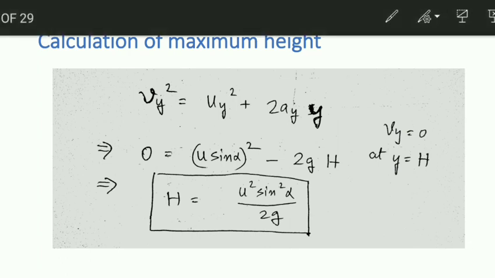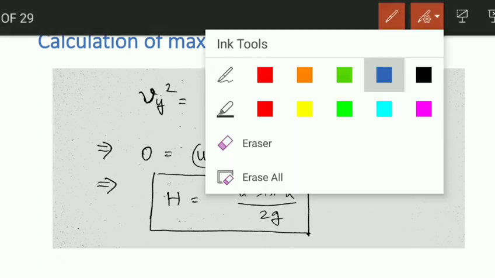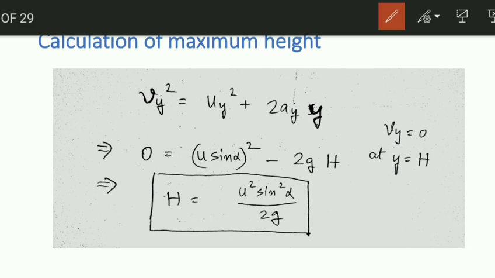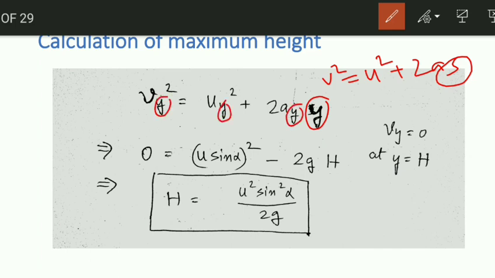So let's find out. We'll just use the third equation of motion, that is v square is equal to u square plus 2as. Here this s will become y because we are finding the y component, and everywhere a subscript y will be used. Now ay is minus g. Final velocity will be 0 in the y component.